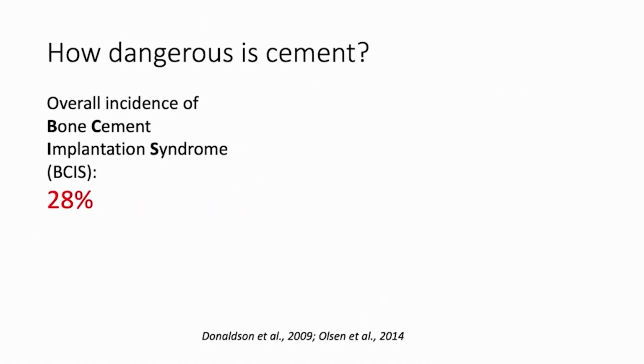How dangerous is cement in this category of patients? Well, actually, there are some quite alarming estimations of how common bone cement implantation syndrome is. Figures up to 28% have been reported, but it is important to note that in these cases, this doesn't mean death on the table. This rather means loss of saturation and a loss of systolic blood pressure.